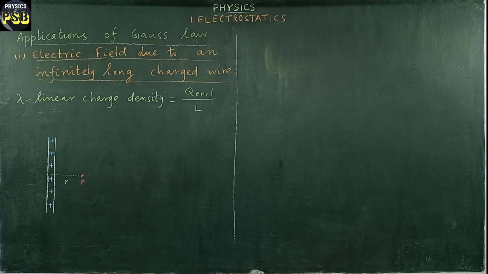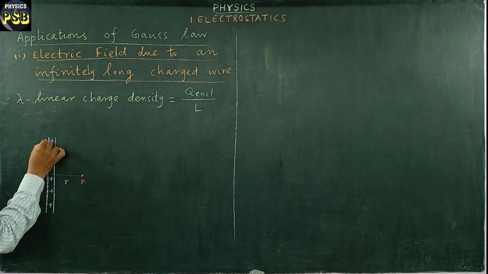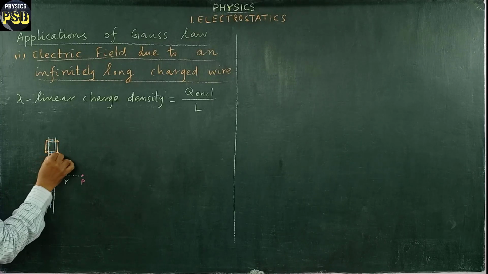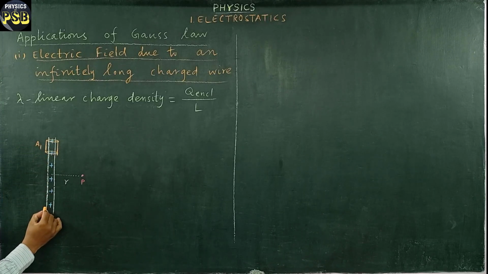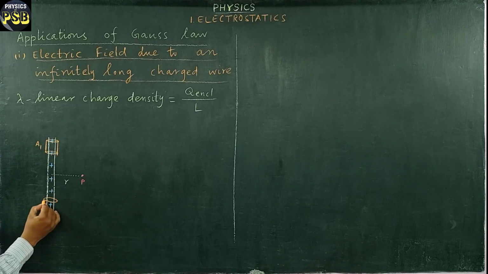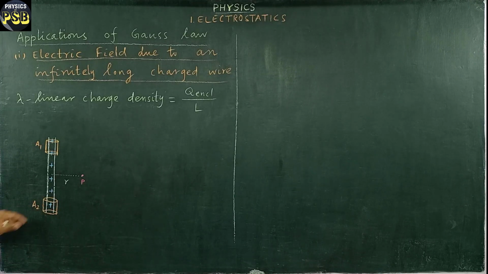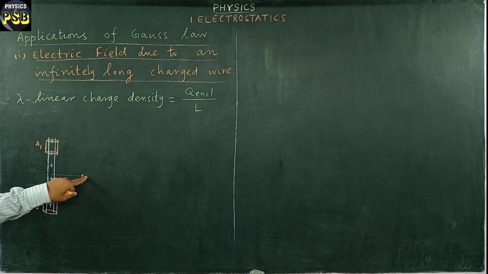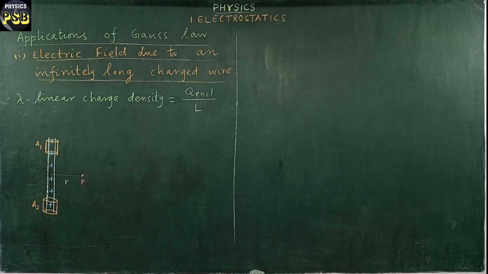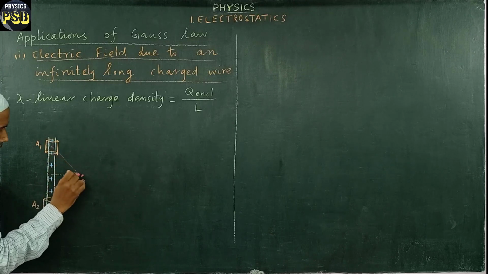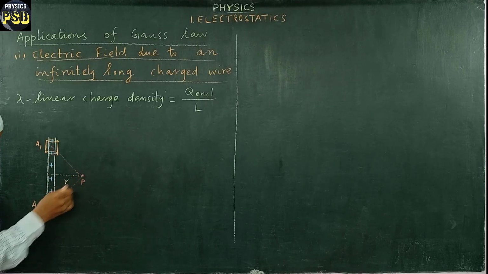Then I choose two charged elements A1 and A2 at equal distance from point P. To show that this point is at equal distance from A1 and A2, I am going to connect these points to P, and the same thing I do here as well.